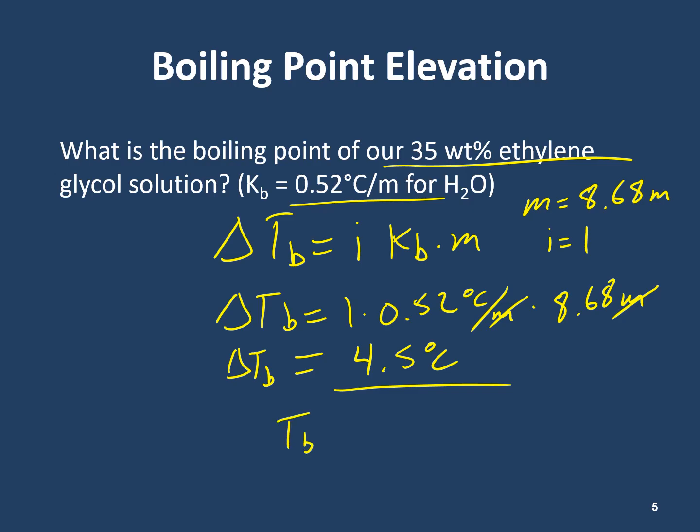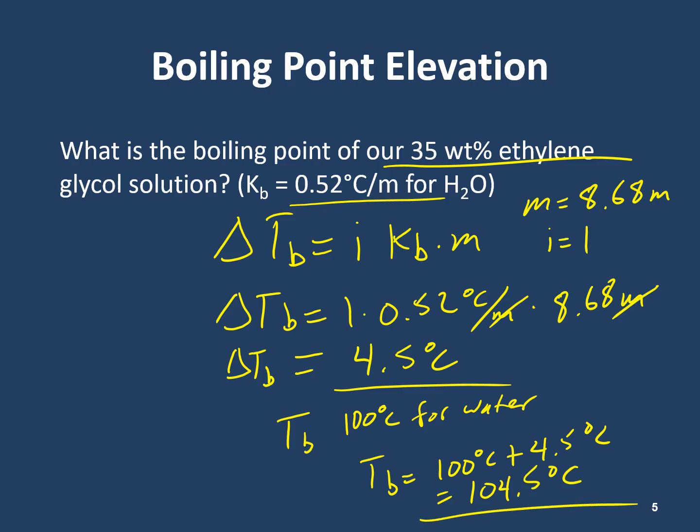And we know the original boiling point of water is 100 degrees Celsius for pure water. So my new boiling point is going to be equal to 100 degrees Celsius plus 4.5 degrees Celsius, or 104.5 degrees Celsius.